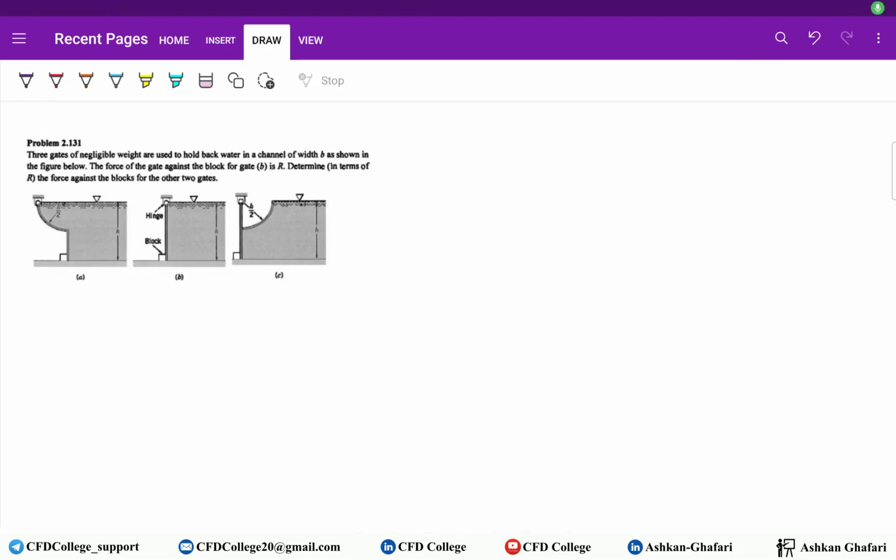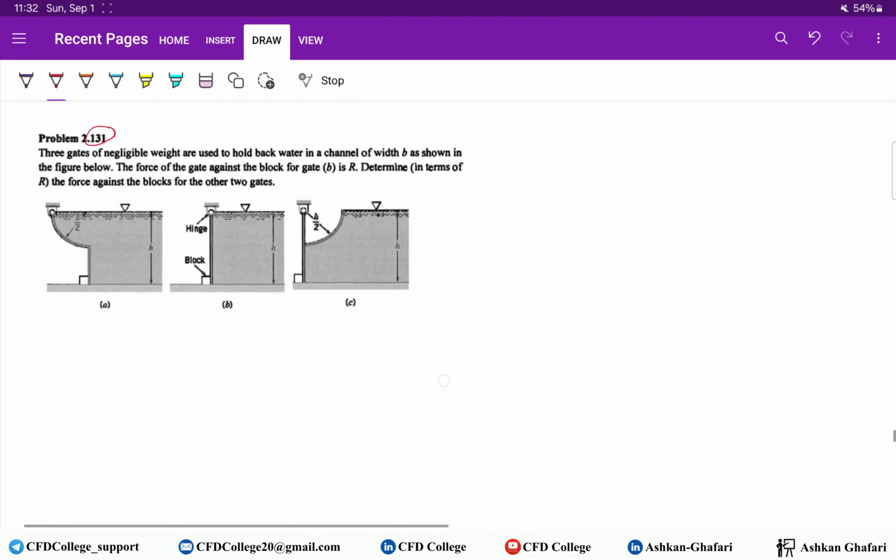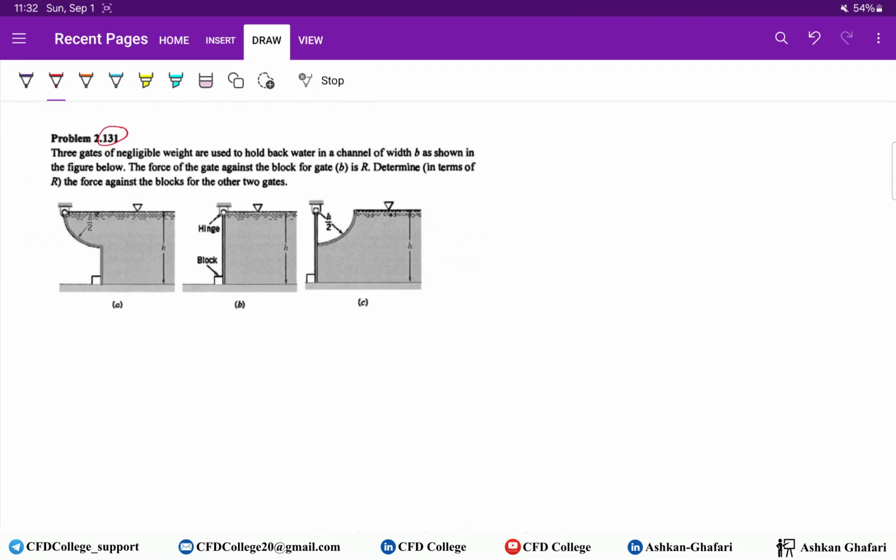Well, this is the problem I talked about, problem number 131. This is the most challenging problem in this assignment, so please pay attention to what I do to solve this problem.